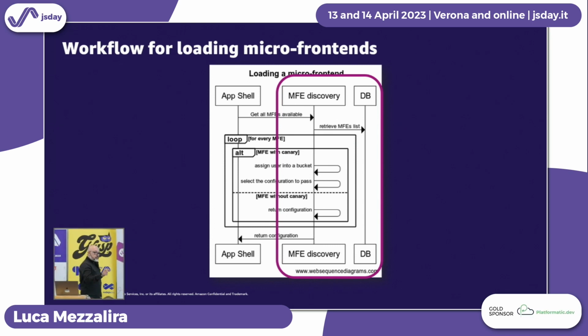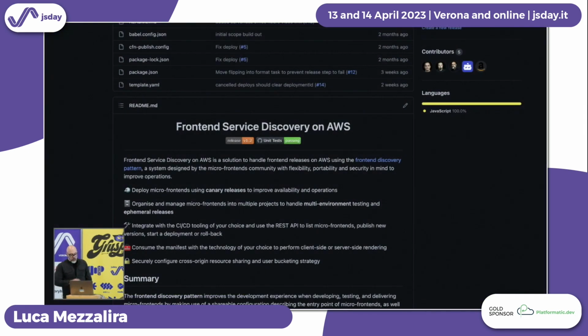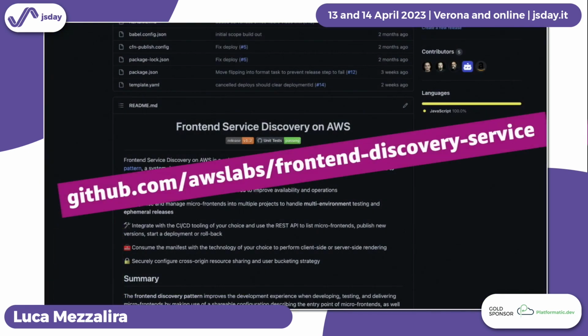That part here is undifferentiated heavy lifting. It's exactly the same thing that we can abstract away, and you just use it. Why not? So with a bunch of other colleagues, we decided to create a front-end discovery service that is completely open source. You can fork it, you can use it for whatever purpose you want.